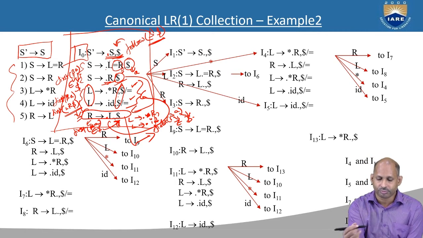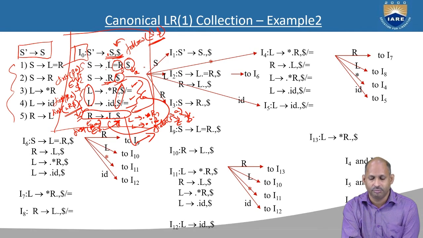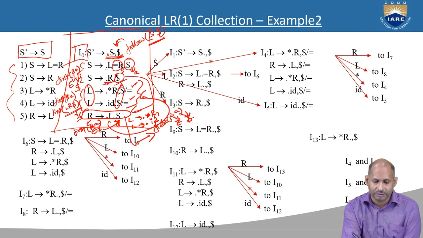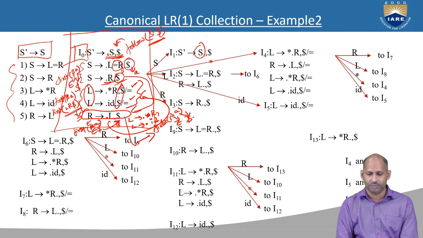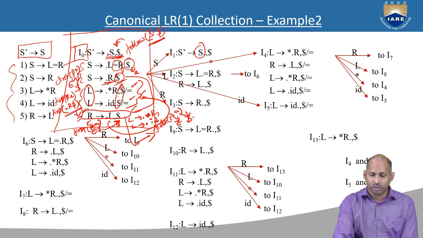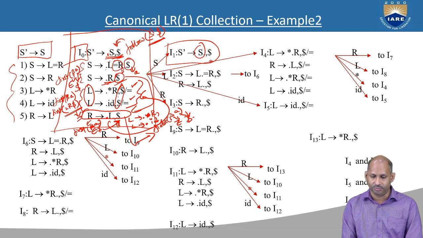Here on S, dot S becomes S dot. Since it is a single statement with dot at the end, there is no need to add any new productions into this closure group. That is the closure operation.